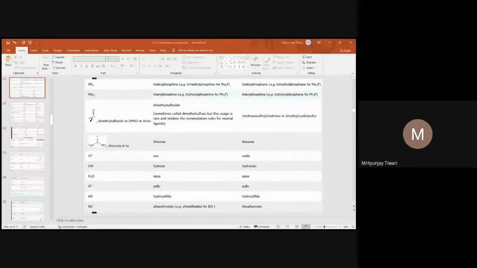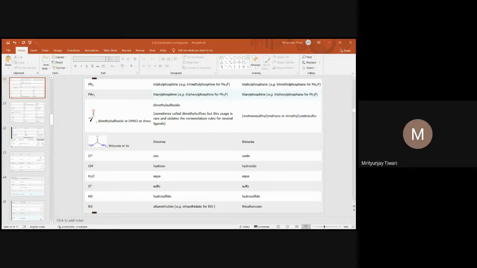Then finally we saw the definition of coordination polyhedron. The coordination polyhedron is the arrangement of ligands around the central metal, in what shape they are arranged. Typically, there are three coordination polyhedra found abundantly in nature: the octahedral, the tetrahedral, and the square planar.